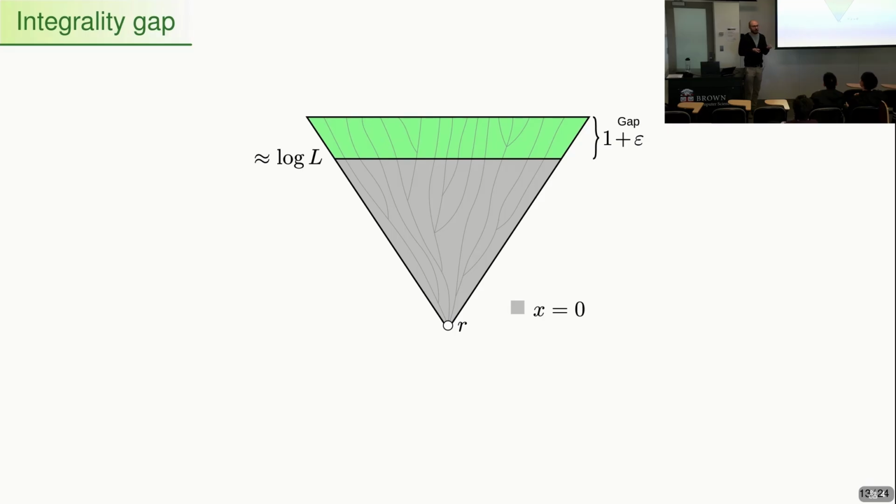Then you of course make an error, but if we're already up to this level, then we know the budgets increase exponentially. So already on this level we have enough budget that even if we pick all these fractional vertices, this is only an epsilon fraction of the total budget that we already have here. So this is why this would help us.